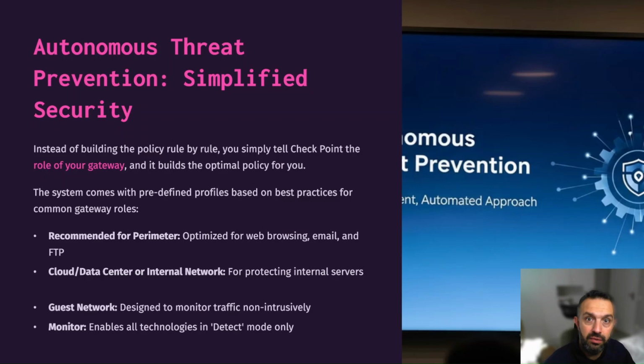You just select the one that fits. For example, is this gateway protecting your perimeter? Choose the recommended for perimeter profile. It gives you optimized protection for web browsing, email, and FTP. Need even higher security? There is a strict version. Is it protecting your internal services? Select cloud, data center, or internal network profile.